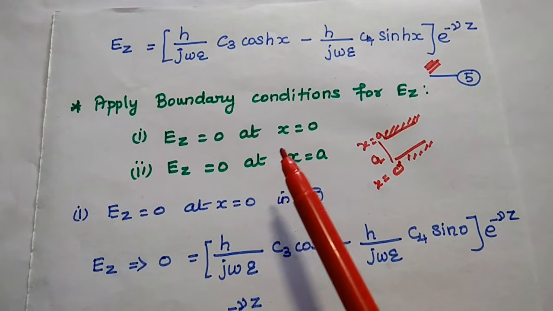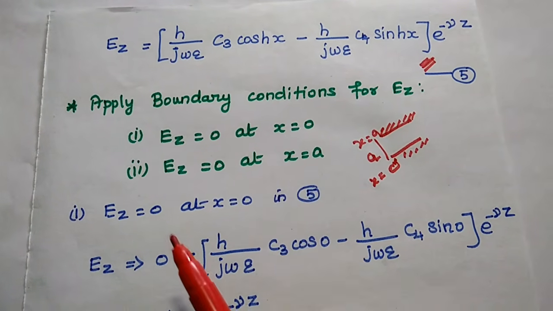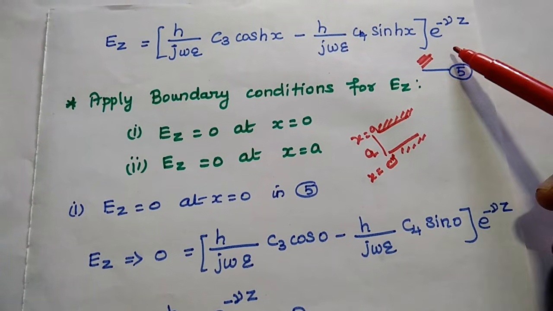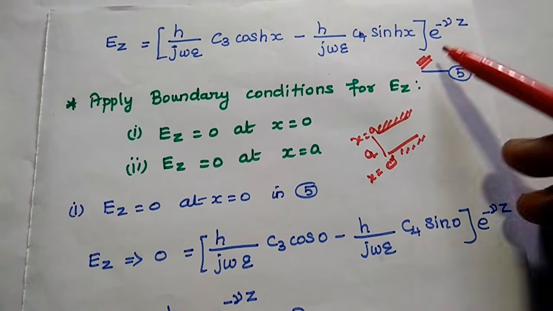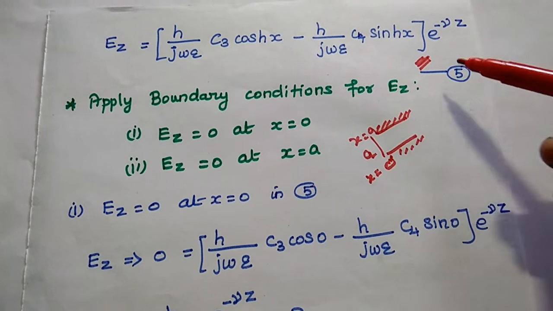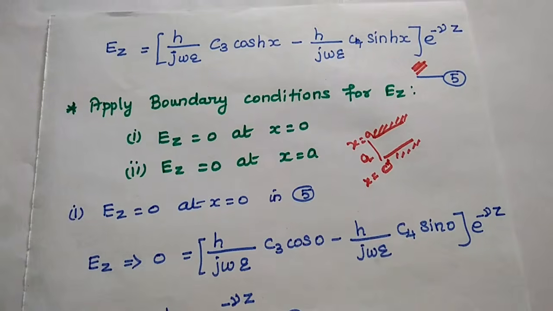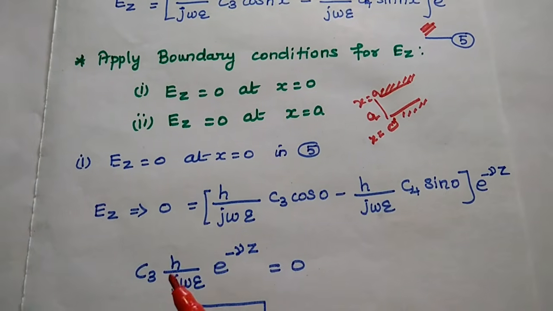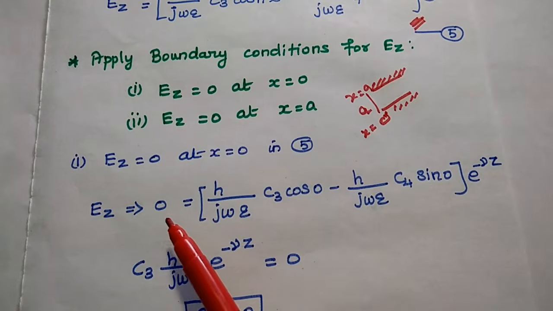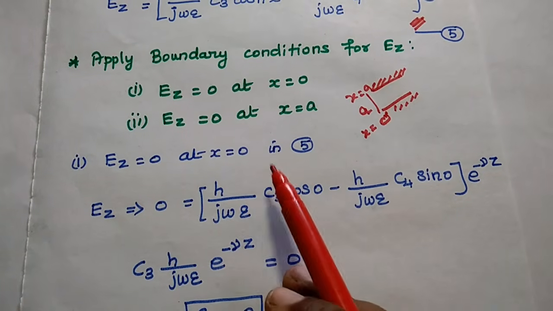So now we are going to apply the first boundary condition, Ez is equal to 0 at x is equal to 0, in this fifth equation. So this fifth equation is very important to find out the arbitrary constants to proceed further. Okay. So here we are going to substitute this value in the fifth equation. So Ez value becomes 0 when x is equal to 0.